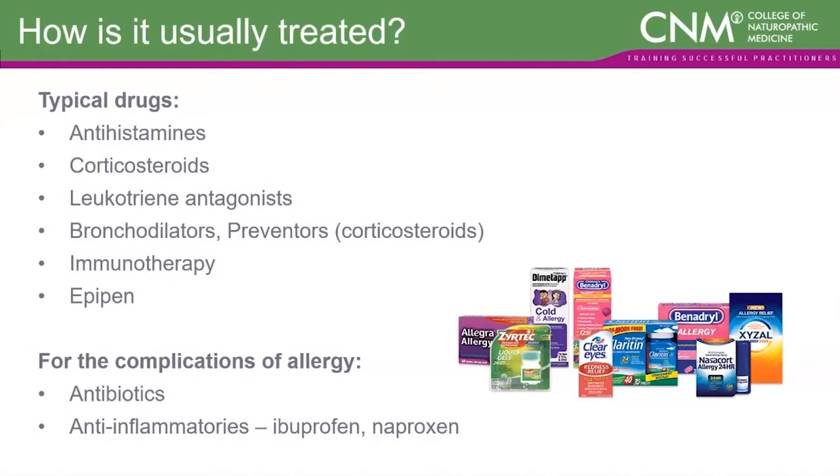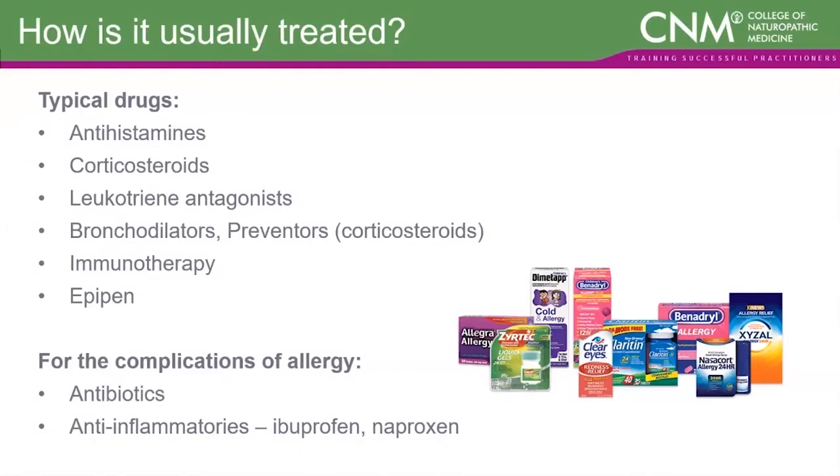And unfortunately, once you've had one anaphylaxis, you're likely to have others if you encounter that allergen again. So they will be required to carry an EpiPen around with them for the rest of their lives. They also need to have an allergy bracelet so that people are aware that they are allergic in case they do ever have an episode and they lose consciousness.